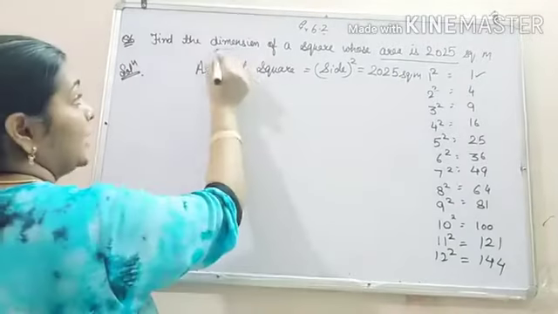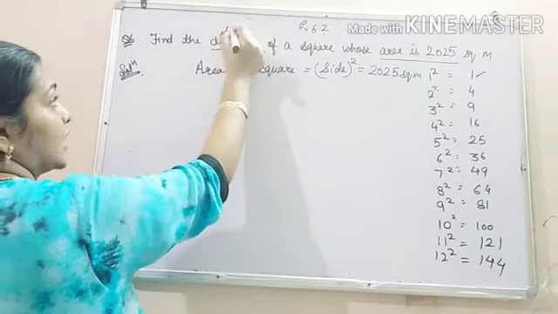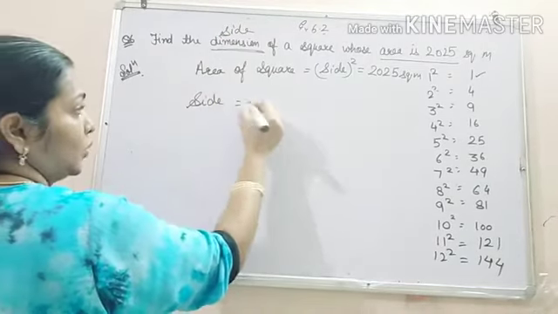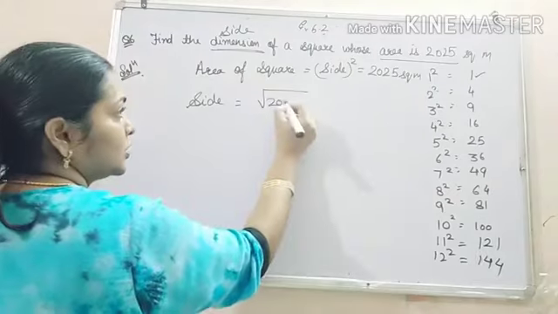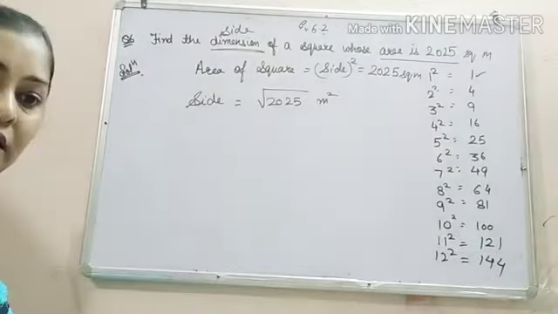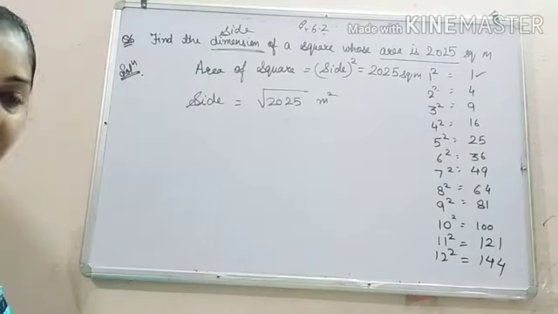And you have to find dimension. Dimension means side of the square. So side will be equal to under the root 2025. Square meter can be written as meter square.